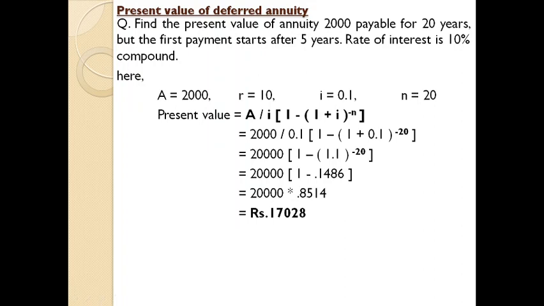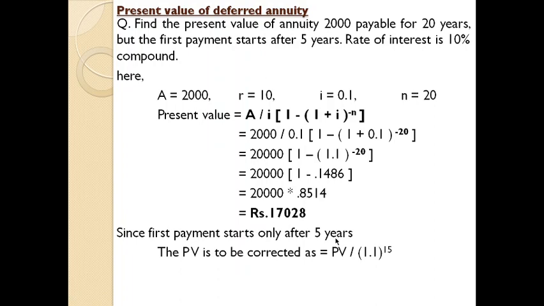So now we have the present value of the certain sum on the basis of the 20-year factor. The first payment starts only after 5 years. Thus, the present value is to be corrected as present value divided by 1.1 raised to 15, because 1.1 raised to 15 is (1 plus 10 by 100) raised to n.